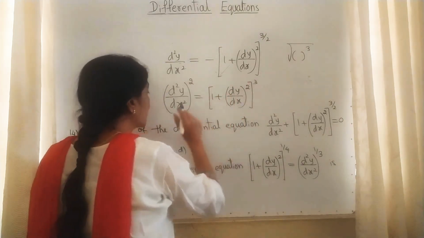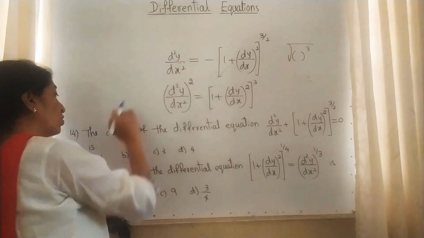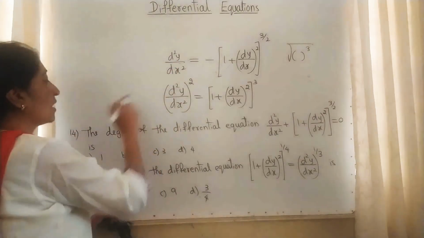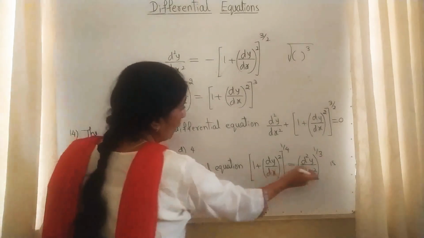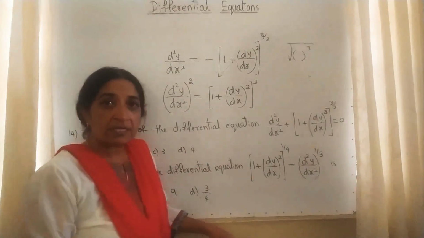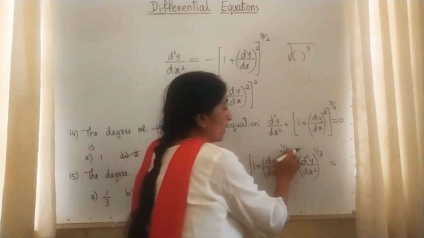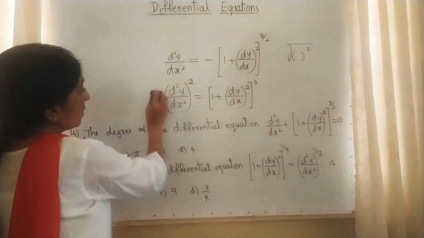And the highest derivative is 2 times differentiated. Its power is 2. Order is also 2, but they are asking only degree. Degree is 2. And here we have fractions. Try to cancel both the fractions. How to cancel that fraction? See that denominators: one has 4 and one has 3. What is the LCM? LCM is 12.